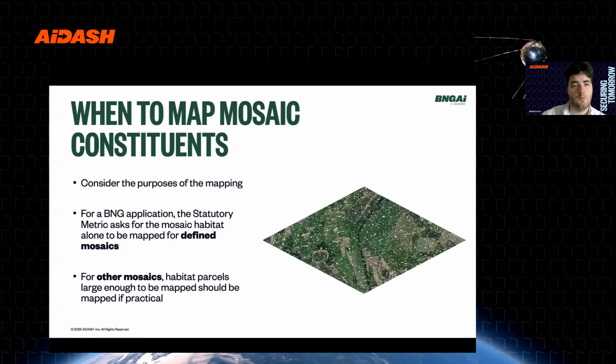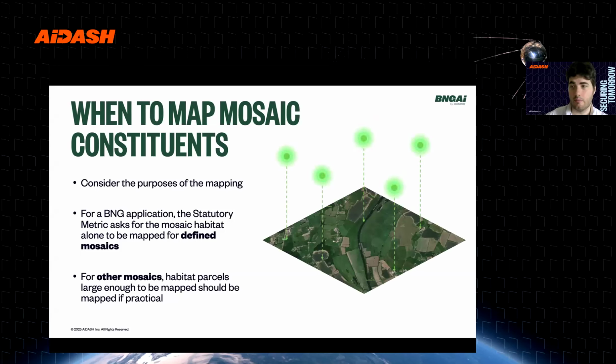So, as we said, there are situations where we will want to map those different components of the mosaic. It might be that we're mapping for a completely different purpose. But for our BNG application, the defined mosaics must be mapped, but there also are other mosaics that we might consider mapping as well.